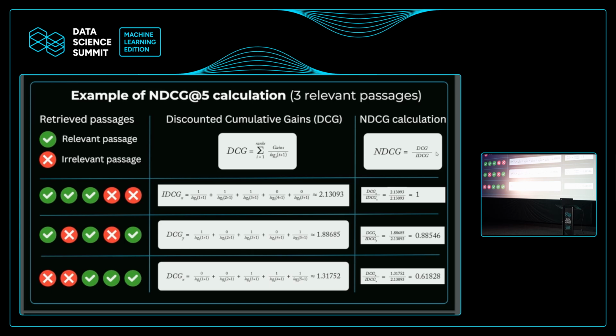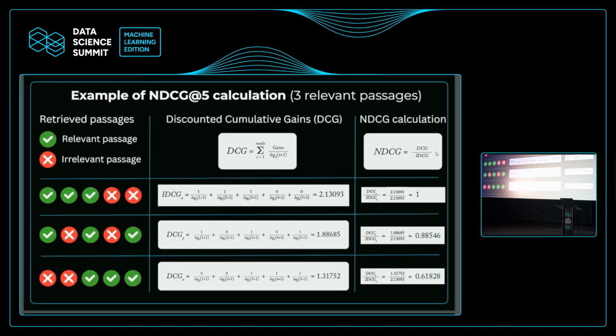So this NDCG, the formula might look quite complicated, but in practice it's not that complicated. First of all, let's look at the case where we retrieve 5 passages, and there are only 3 relevant passages to a given query. In the first row with the example, we can see what happens if we have the best possible retriever, which retrieves the relevant passages at number 1, 2, and 3.